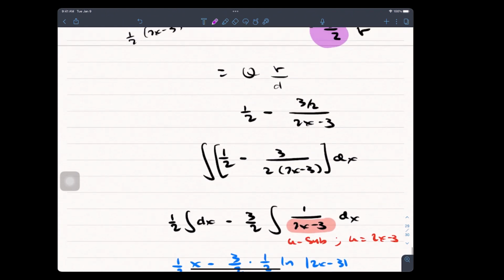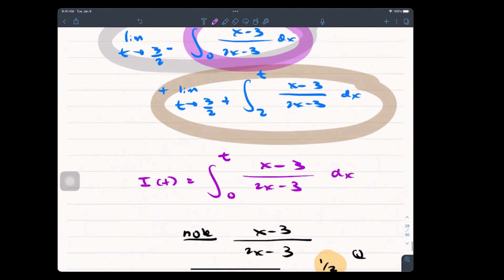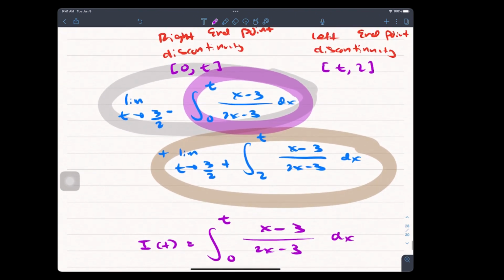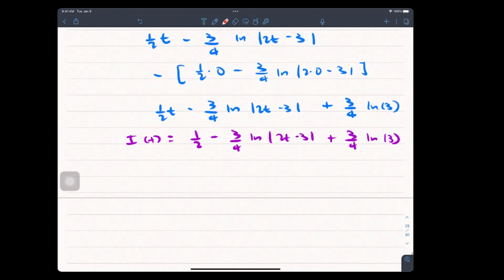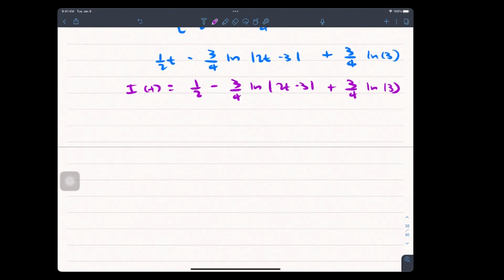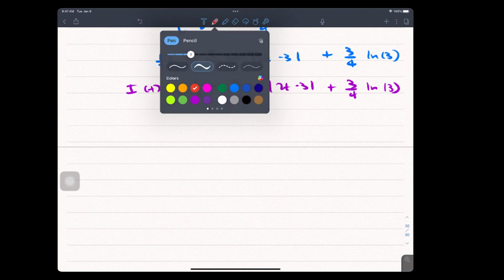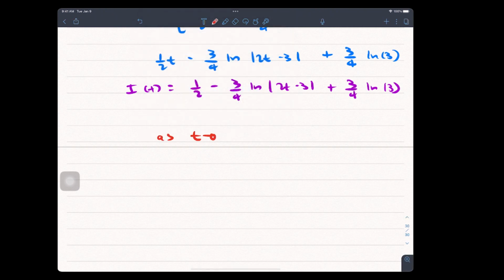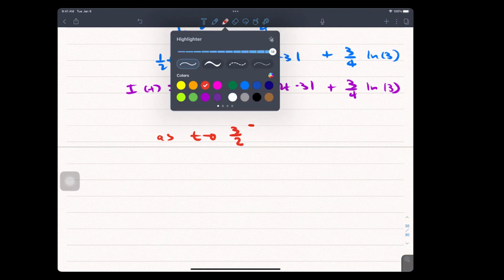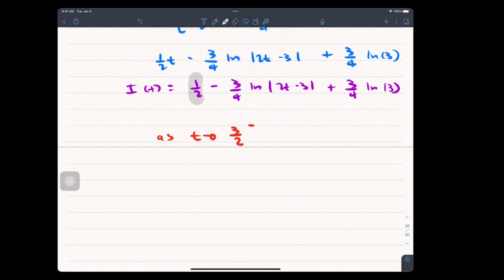Okay, what are you supposed to do with this? Take the limit. What's the limit? I think that was the first one, right? T goes to 3/2 from the left. So, okay, let's get that in red. As t goes to 3/2 from the left, these terms here are constants, right? So they're finite numbers.